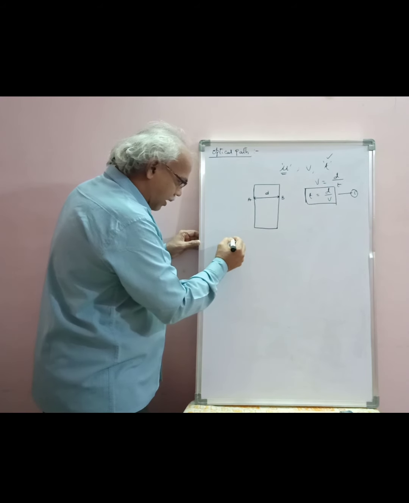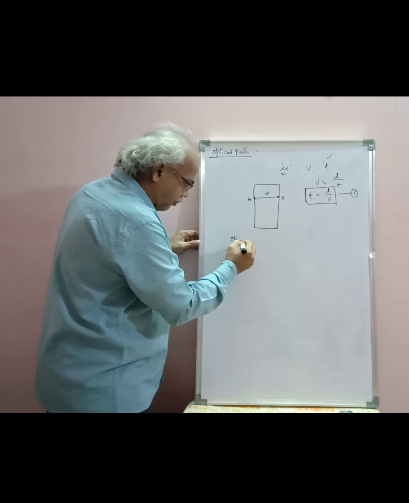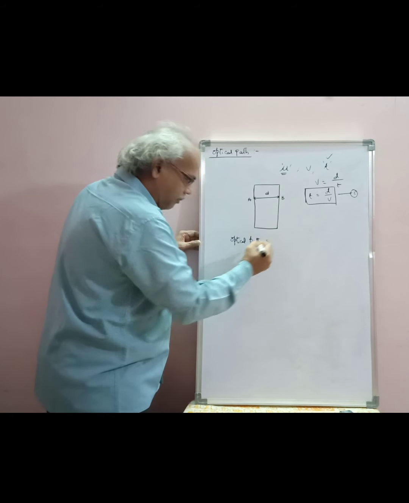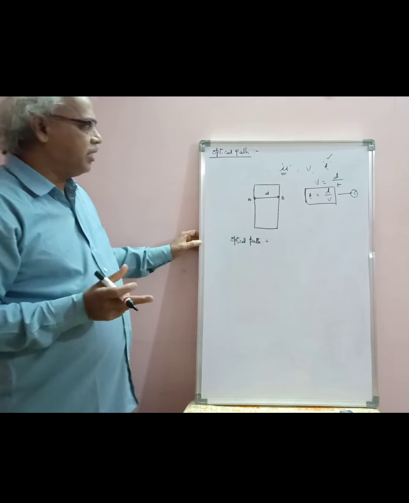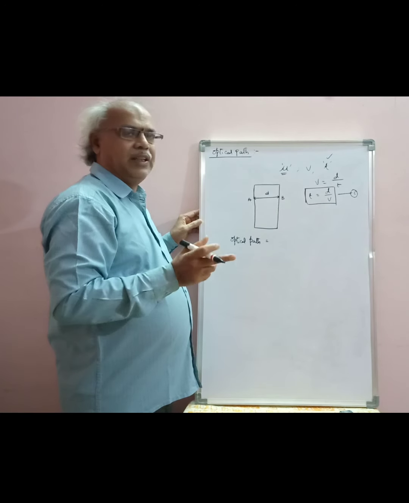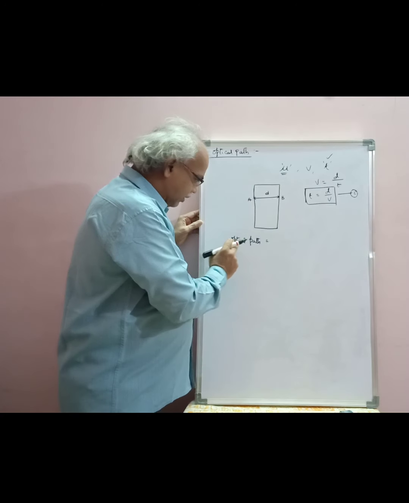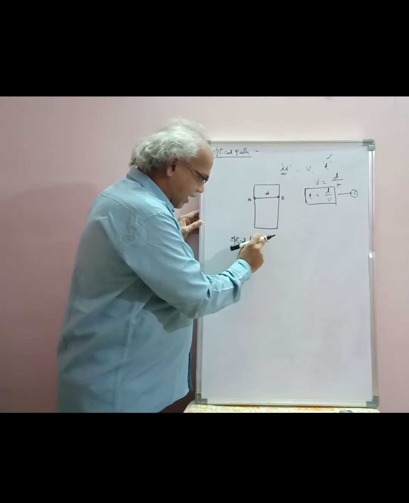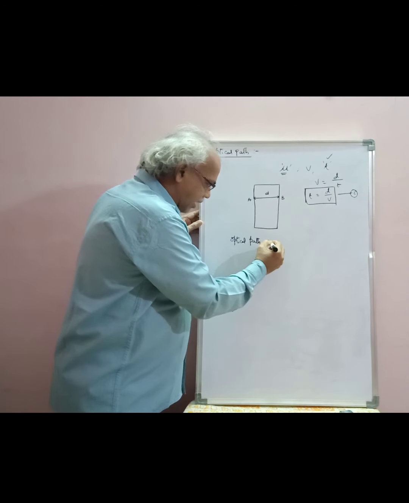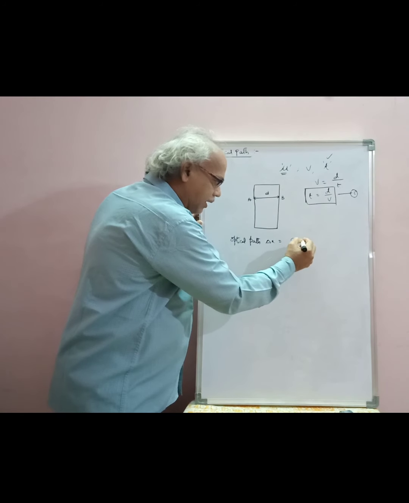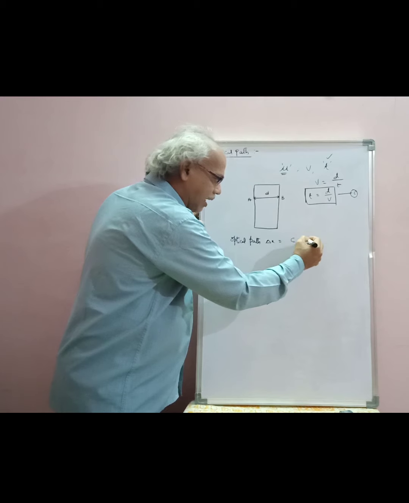So optical path means the distance travelled by light in vacuum, that is delta x. This delta x is equal to the speed of light in vacuum into time.